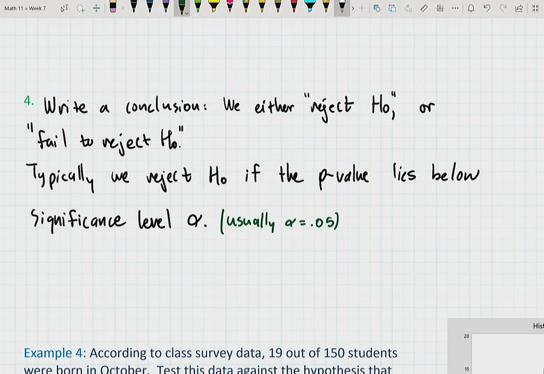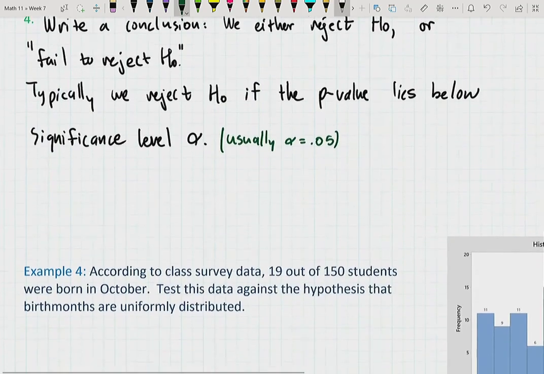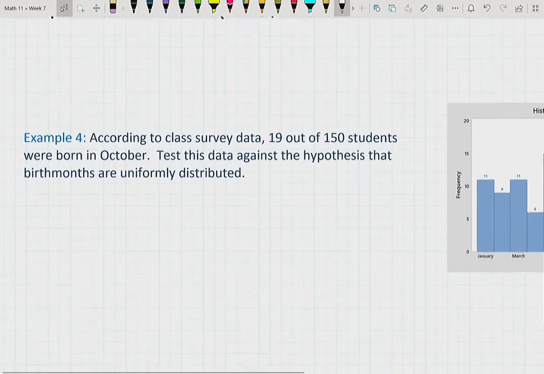A small p-value means we probably reject the null hypothesis, meaning there's probably an effect. A large p-value means there maybe is not much going on, and we can't reject the null hypothesis. Cool. Okay, so I can do my example now.